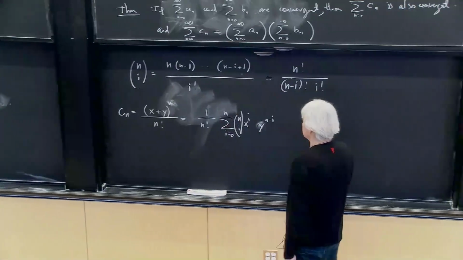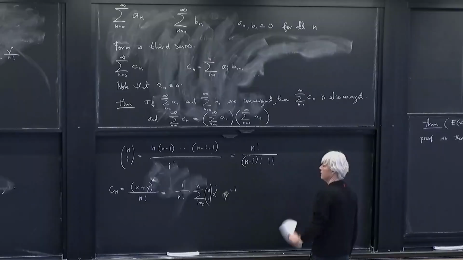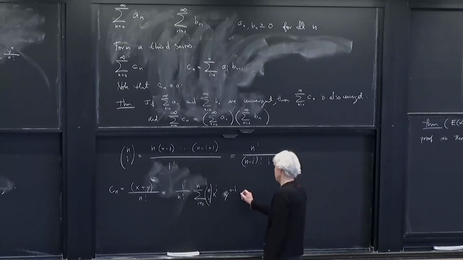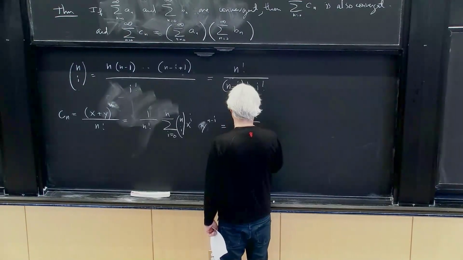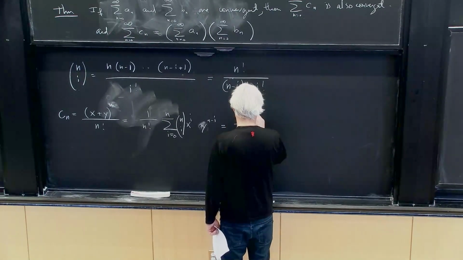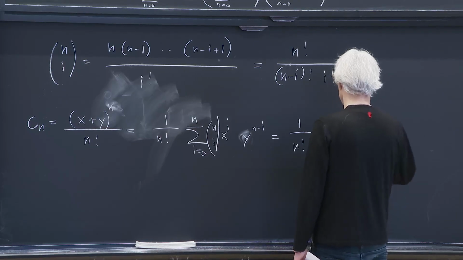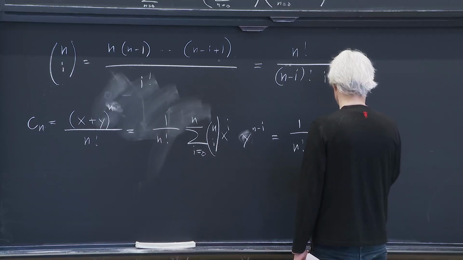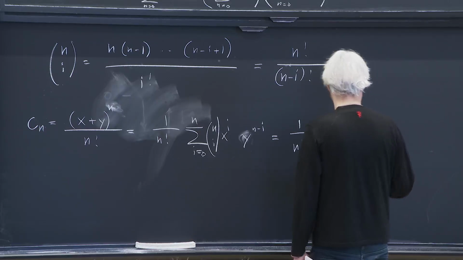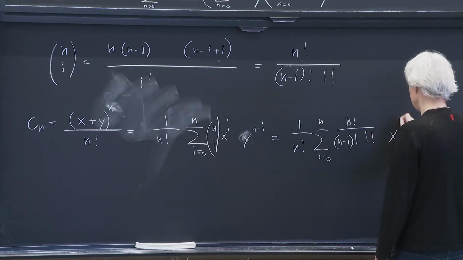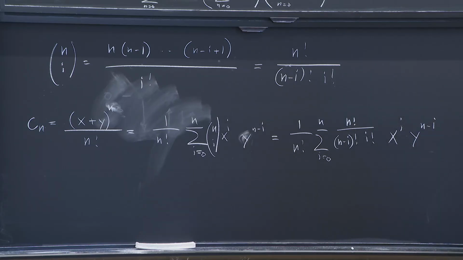Now I write in this equation here, and so I get 1 over n factorial summing from i equal to 0 to n of n factorial over (n minus i) factorial times i factorial, times x^i times y^(n minus i). Okay?